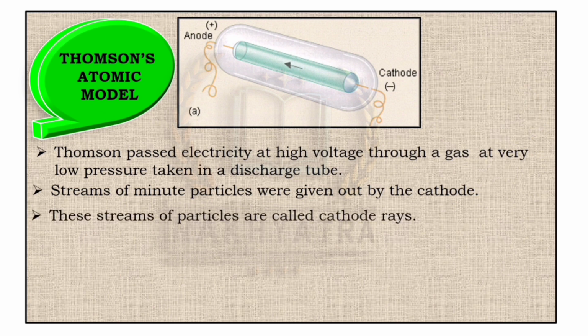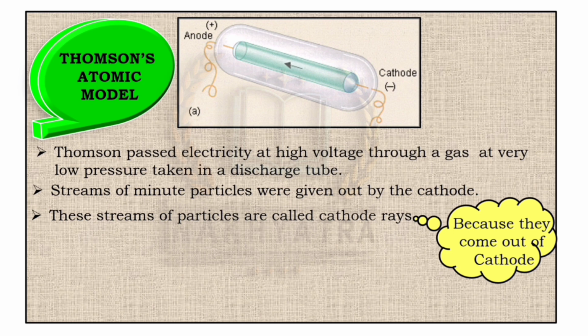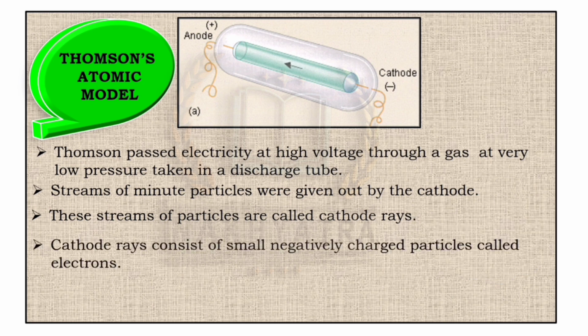These streams of particles are called cathode rays, because they were given out of the cathode. Cathode rays consist of small negatively charged particles called electrons.